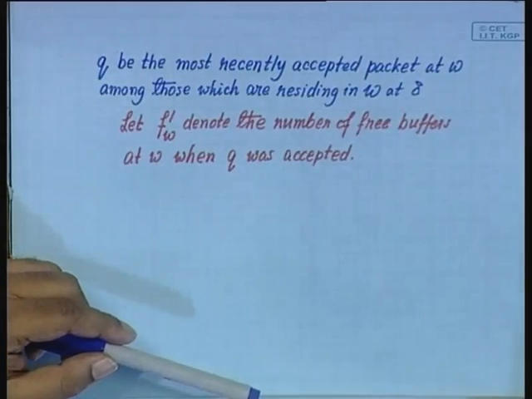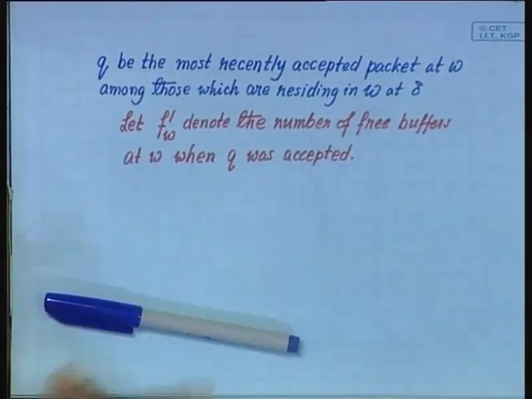Right. Now Q is the most recently accepted packet at W. That means that after Q, no other packet has been accepted by W, right. So how can we compare F dash W and F W?